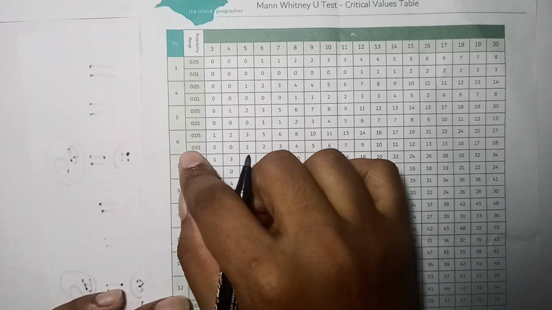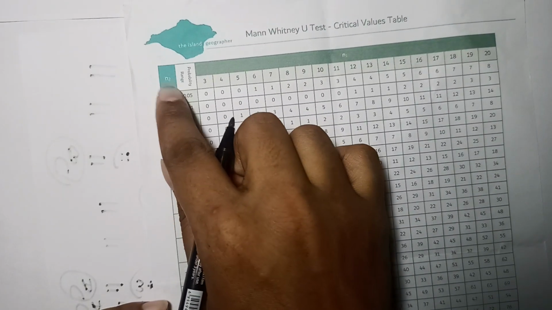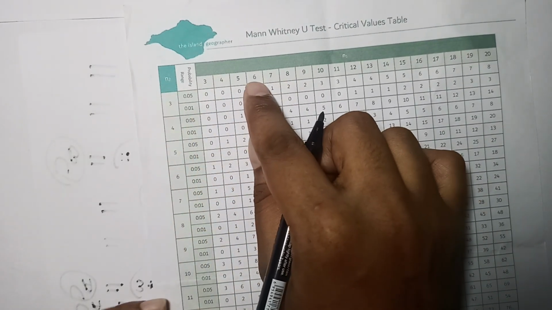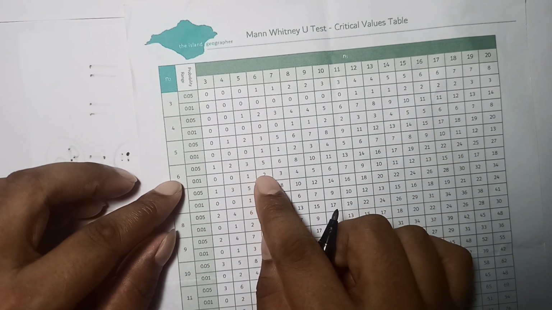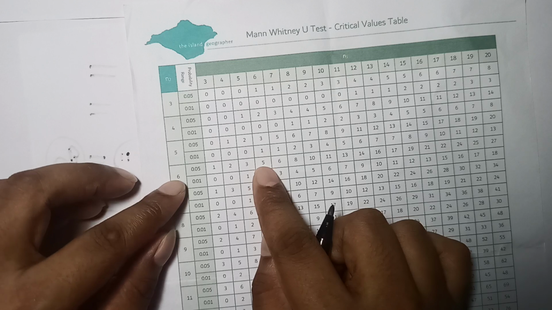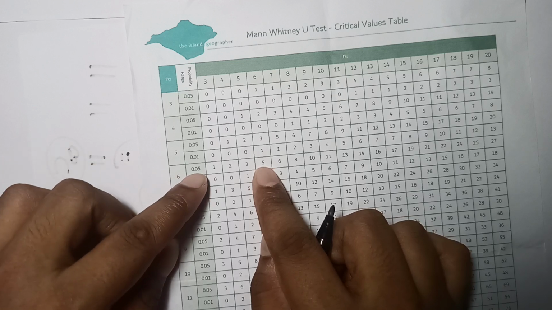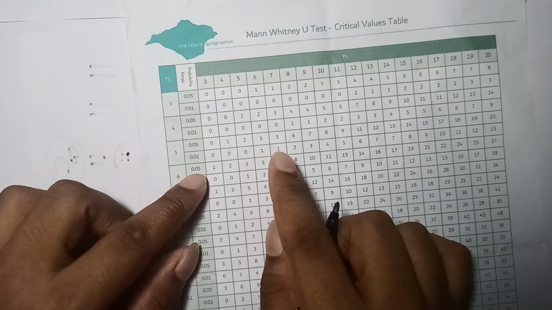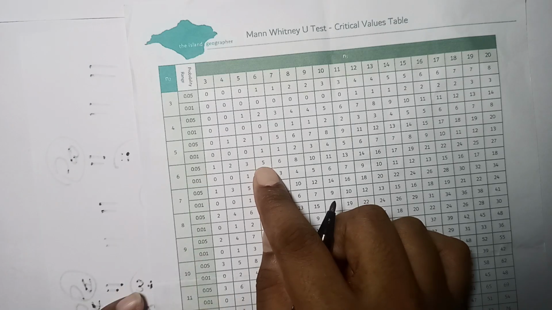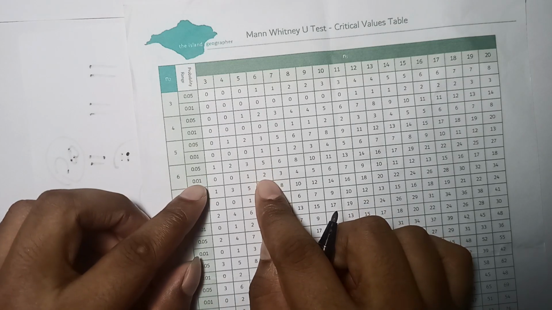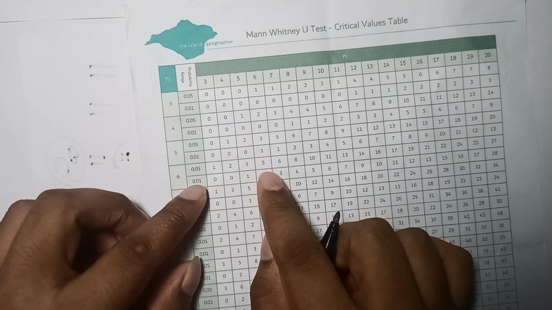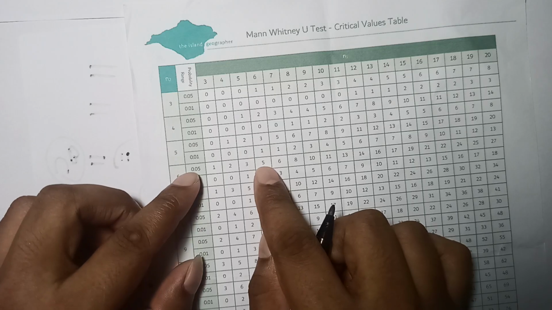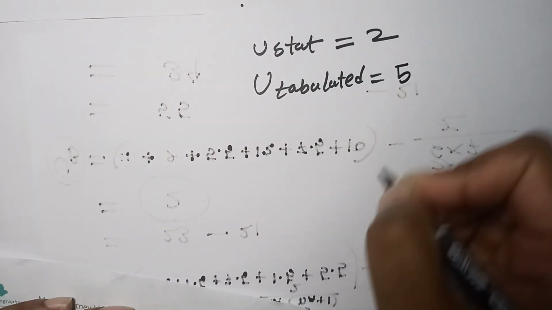If you see here, N1 and N2 are both 6. If you take 0.05 significance level, you will select 5. And if you want 0.01 significance level, you will find 2. I will take 0.05. For that, we will find 5. So the tabulated value is 5.